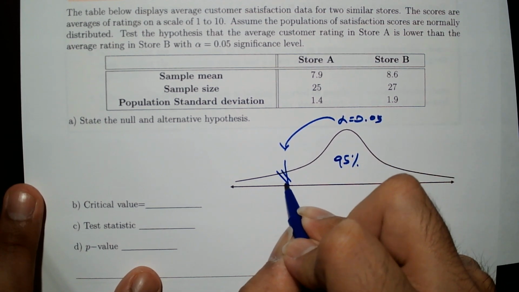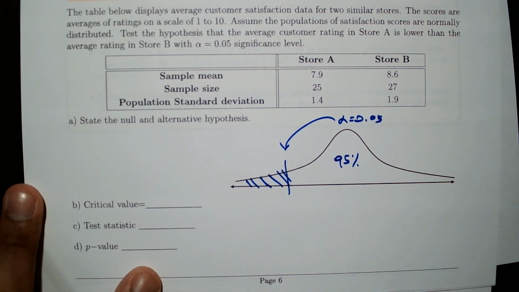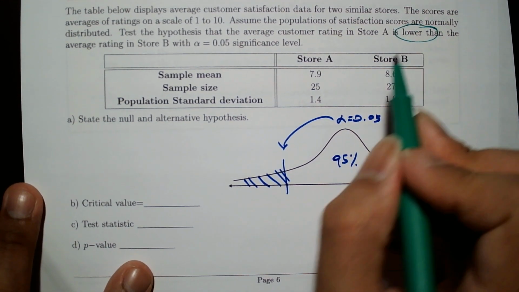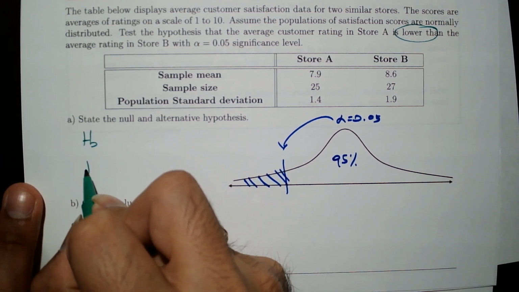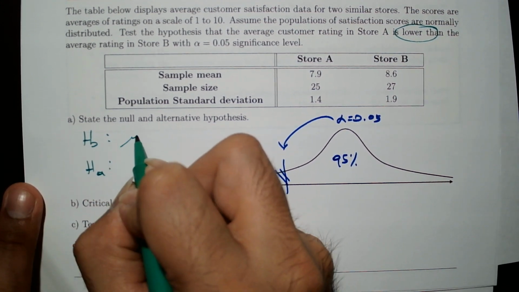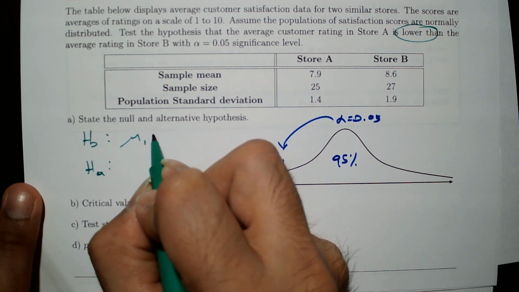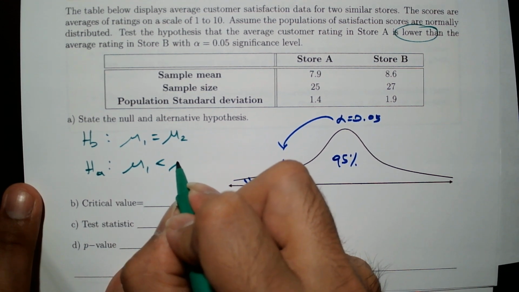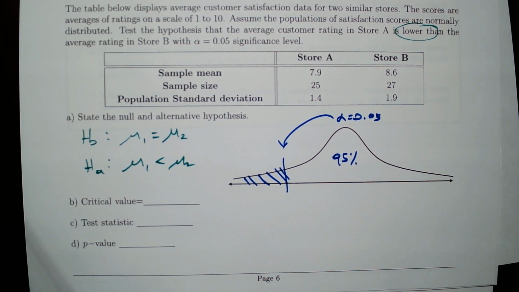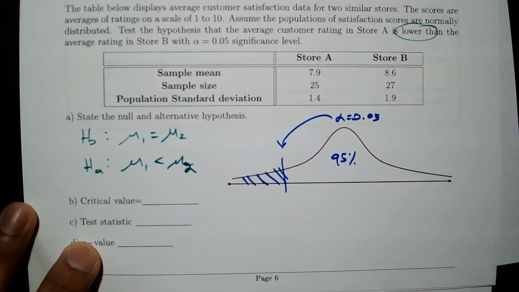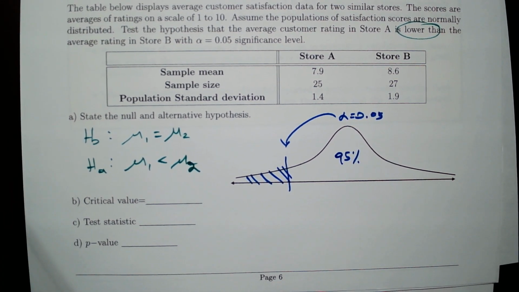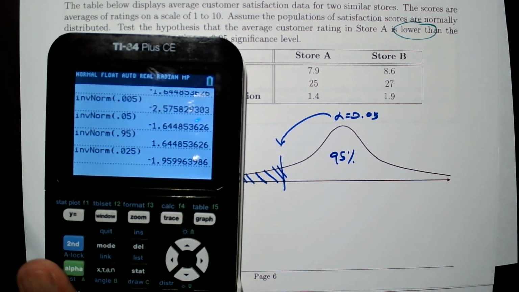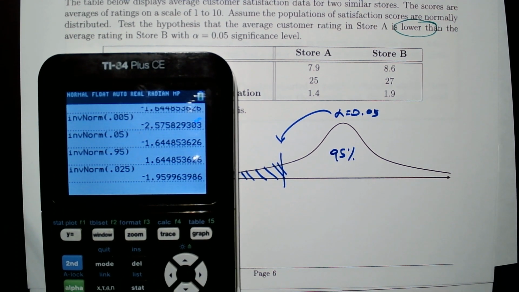In this case, it's going to be a left-tailed test because of the lower than. H0: the means are the same, Ha: mu1 is less than mu2. Critical value, I think we got it before. It's 1.64.